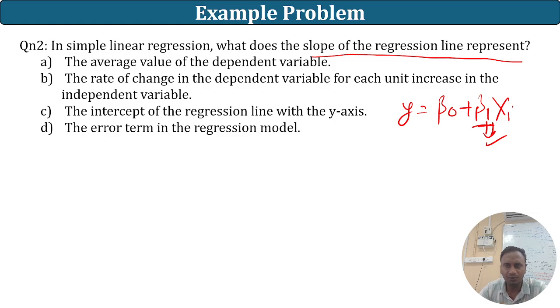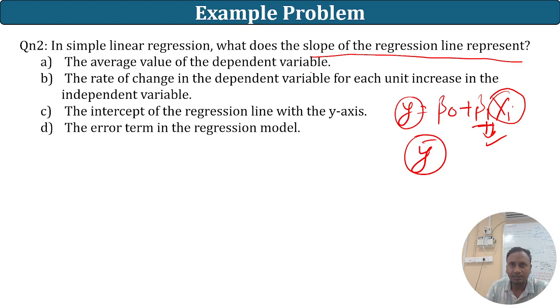I don't think so. The average value of the dependent variable is y bar. No, no, it's predictions. The dependent variable is something that depends upon x. It's predictions, not the slope. So this can't be the answer.